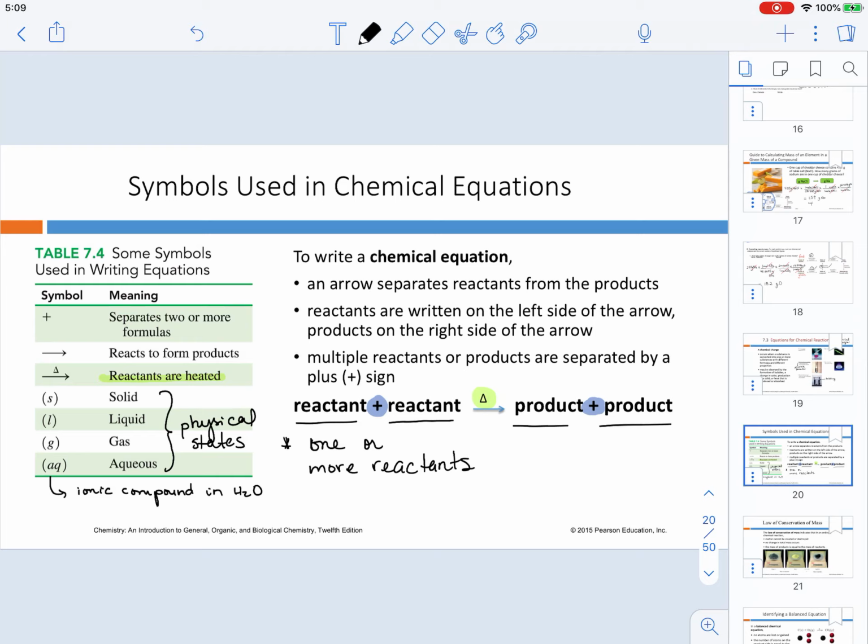That's what aqueous means. And understand that these physical states will be written at the bottom right corner of the chemical formula for the compound that we are utilizing in our chemical equation.